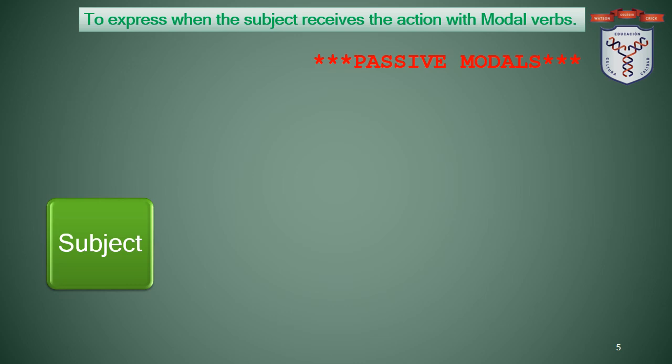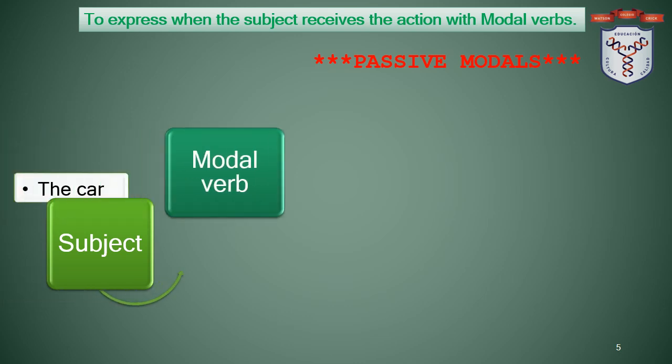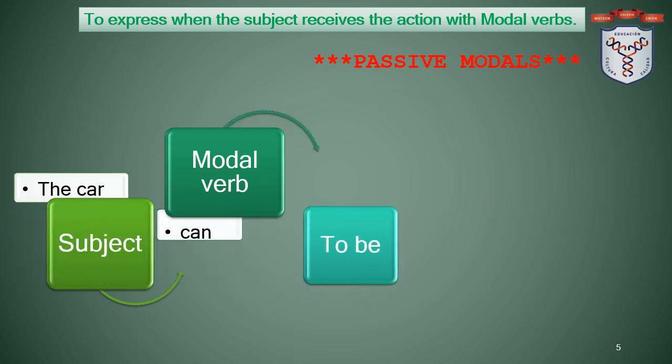What do you need if you want to talk about passive modals? The first thing that you have to write in your sentence is the subject. The pattern is the subject, the car. Later, you are going to need the modal verb. The car can. Later, you need the verb to be.